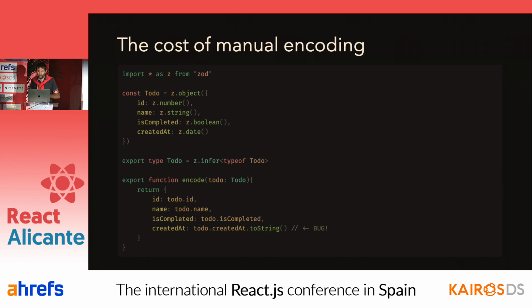If we are reading data from the storage, updating it, encoding it back, and sending that back, we need to ensure that the implementation of the encode function is correct. This seems trivial, but we basically have the cost of manually defining a function that does the same work as validation, the other way around. And this function is actually a critical point of your application.